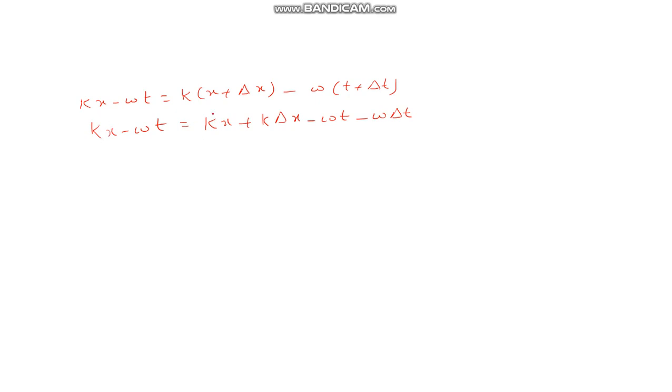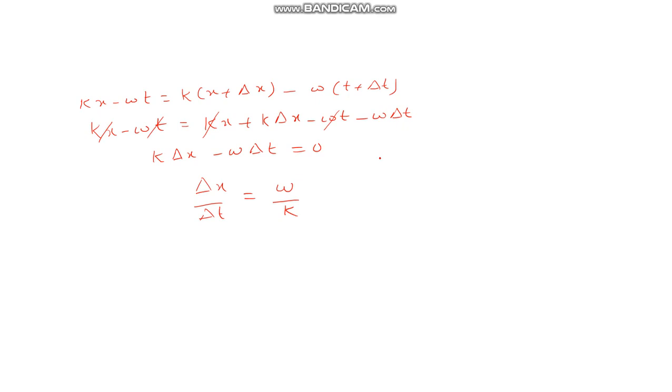Cancel out the common terms. This is the common term, this is the common term. So you are getting k into delta x minus omega delta t is equal to 0. That means you are getting delta x by delta t is equal to omega by k.